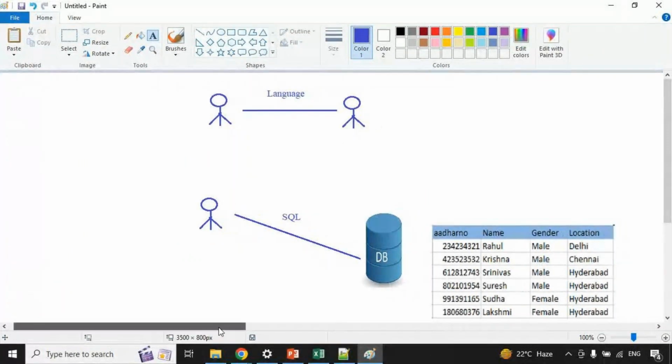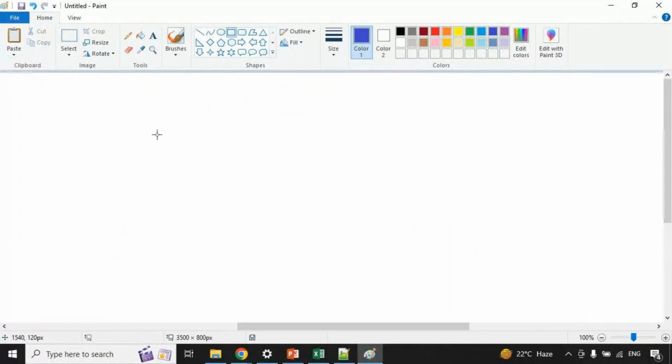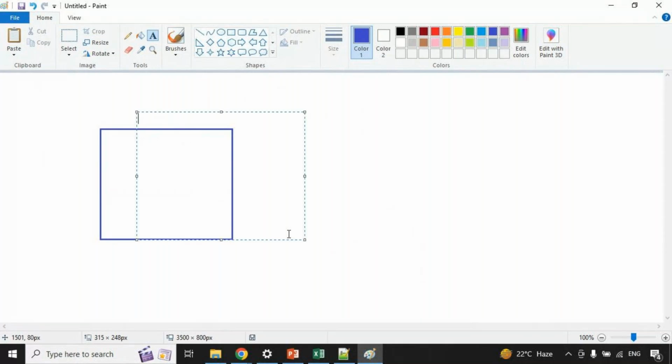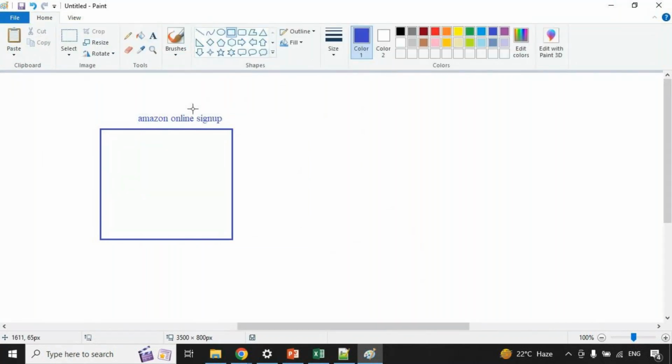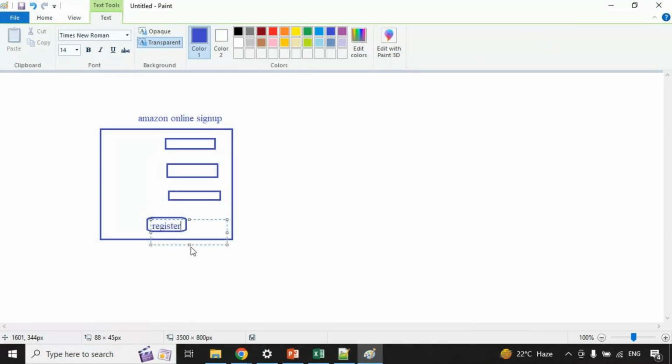For example, consider an Amazon online form: online order, online login, online sign up. You fill in the details: the ID, name, mobile number, address, mail ID. They take the details and register them.